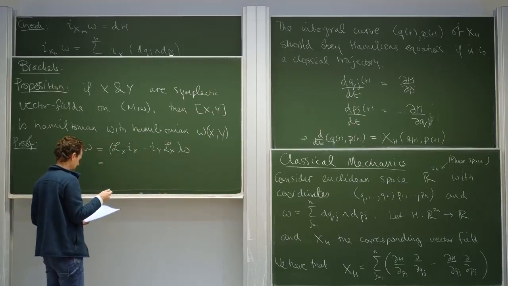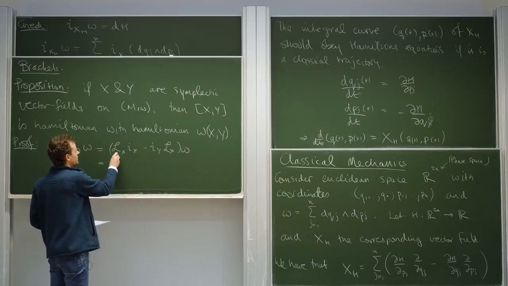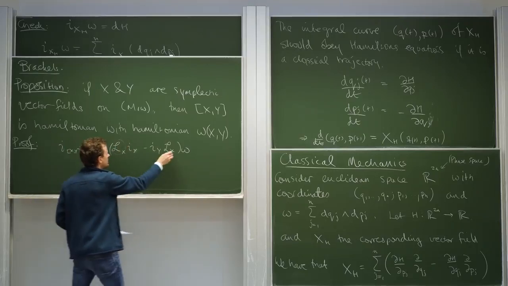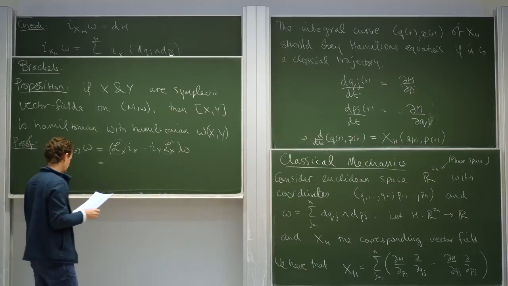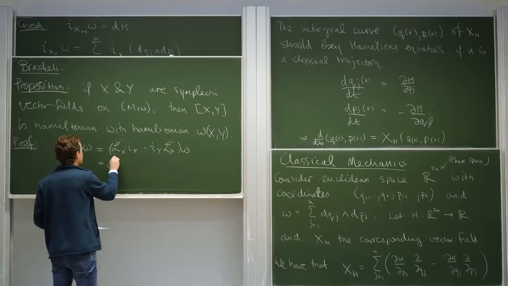And then we get some rather nice things happening right now. So then we use the fact that the Lie derivative is di plus id, a very useful formula that we can just continually use in this course.